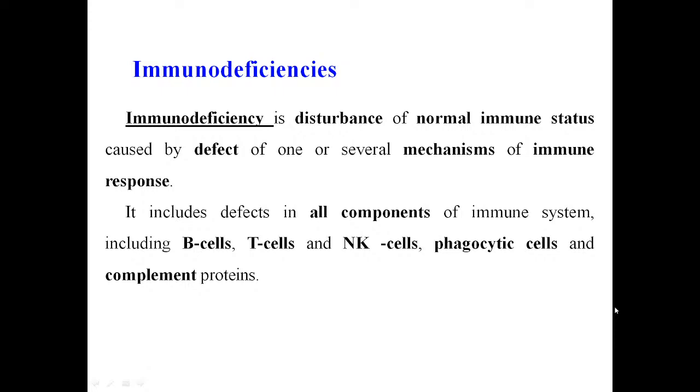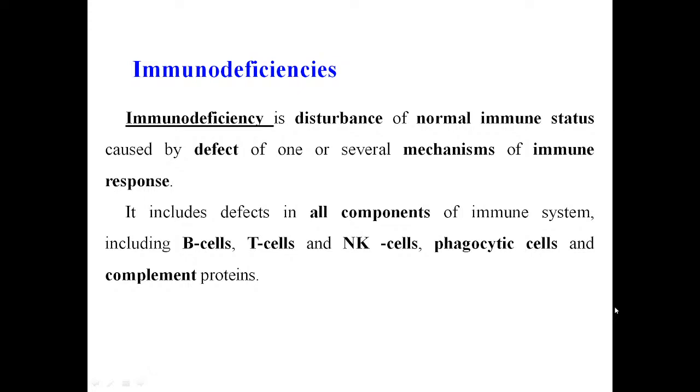What is immunodeficiency? Immunodeficiency is a disturbance of normal immune status caused by defect of one or several mechanisms of immune response. Once more, immunodeficiency is a disorder of normal immune status that is caused by defect of mechanism of immune response.